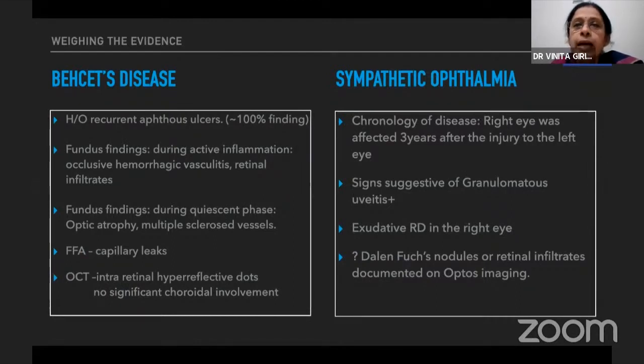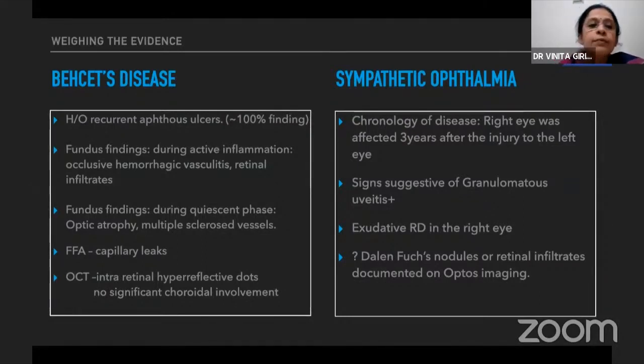Also, the patient had some yellowish nodules in the retina, which at that point looked like Dalen-Fuchs nodules. And of course, the patient had a history of injury to the left eye, and the right eye was affected almost 3 years after the left eye. So at that point of time, this looked like sympathetic ophthalmia.